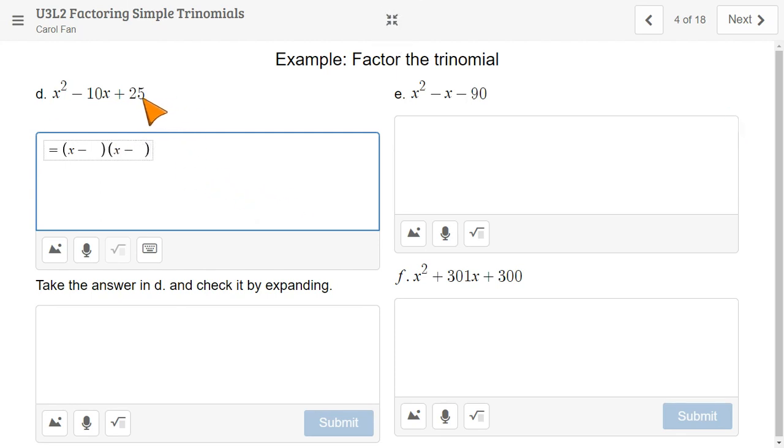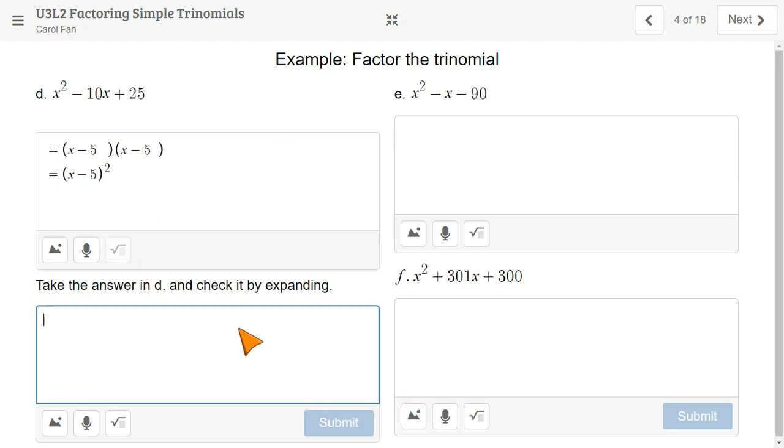Factors of 25, two negative numbers that add to negative 10. So 5 times 5. x minus 5, x minus 5. Another way we can write this is x minus 5 all squared. Now let's check the answer by expanding.